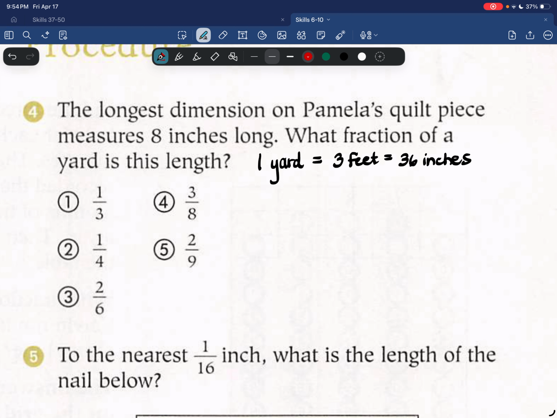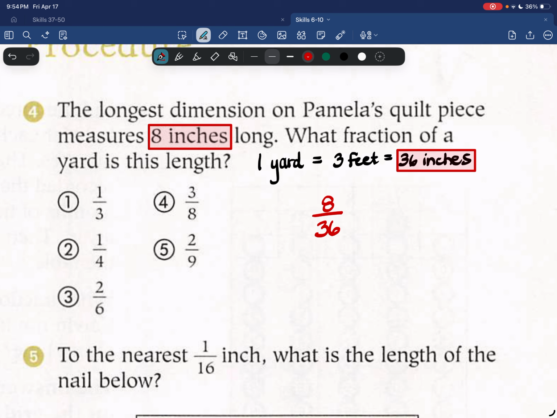And Pamela's quilt piece is 8 inches. A yard is 36 inches. And so here is the fraction for us to set up. We have 8 over 36, and that will simplify.